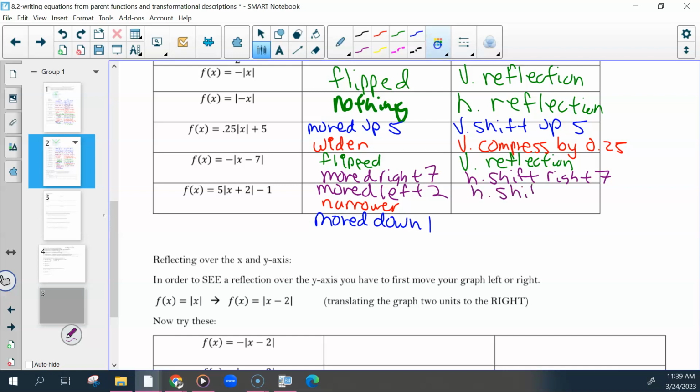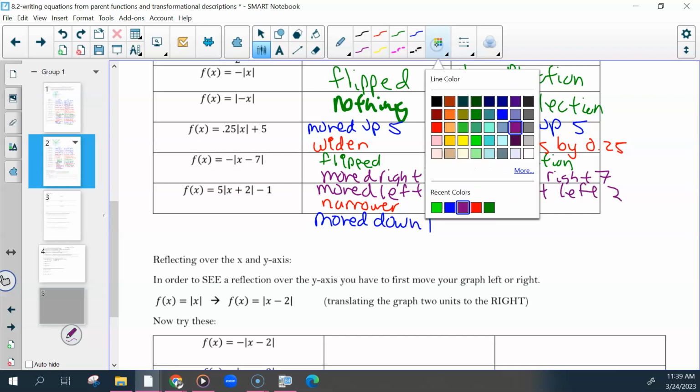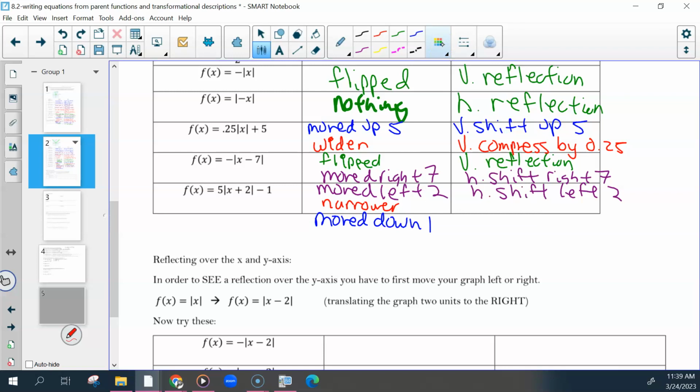Horizontal shift left 2. Narrower. How would you write that one or write that rule?